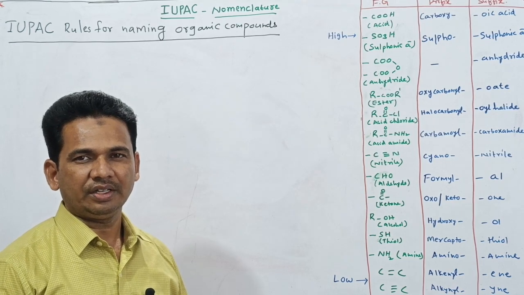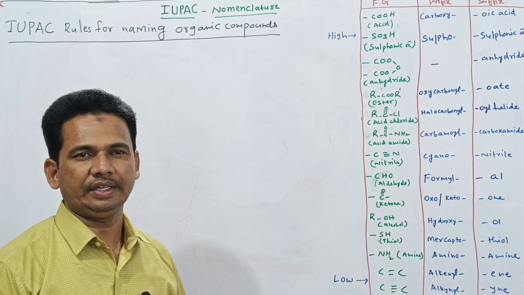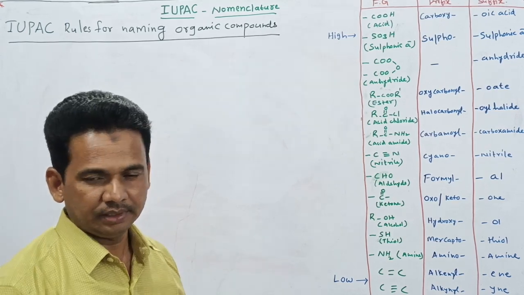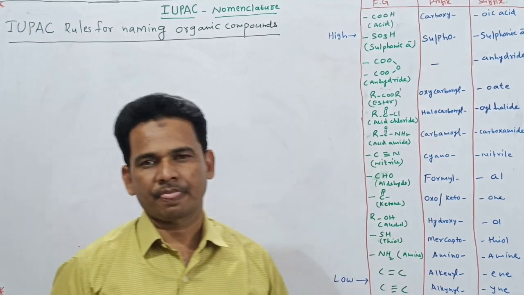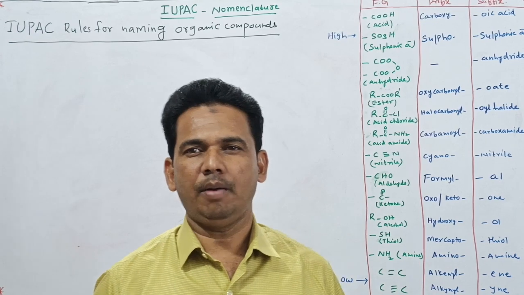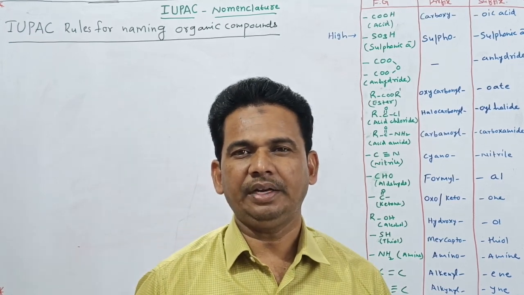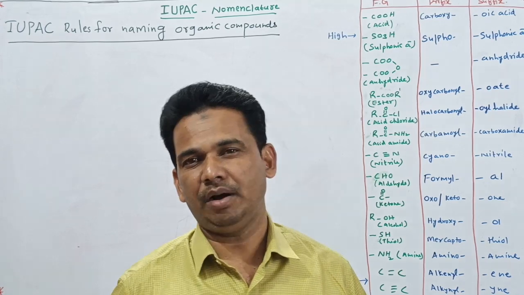We also discussed what suffixes, prefixes and word roots there are. In today's class we are going to discuss the IUPAC rules for naming organic compounds. This part is very important for giving the nomenclature for any organic compound.